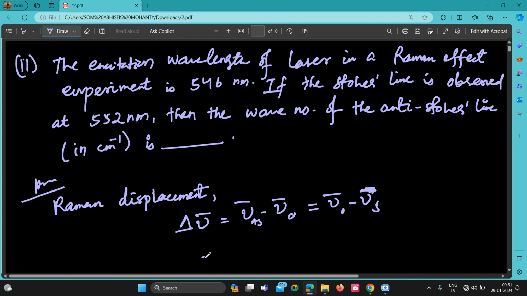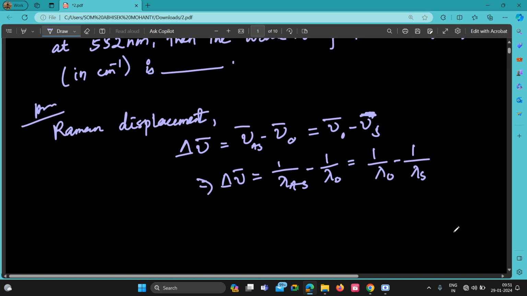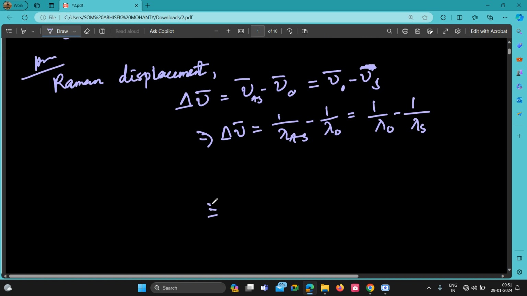So we can also write 1 by lambda anti-Stokes minus 1 by lambda naught is equal to 1 by lambda naught minus 1 by lambda Stokes.